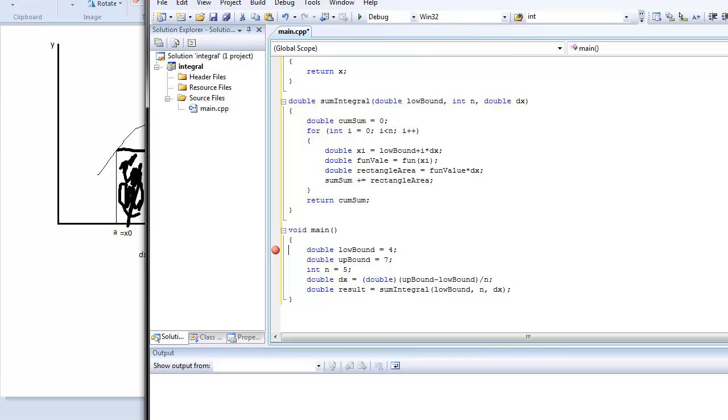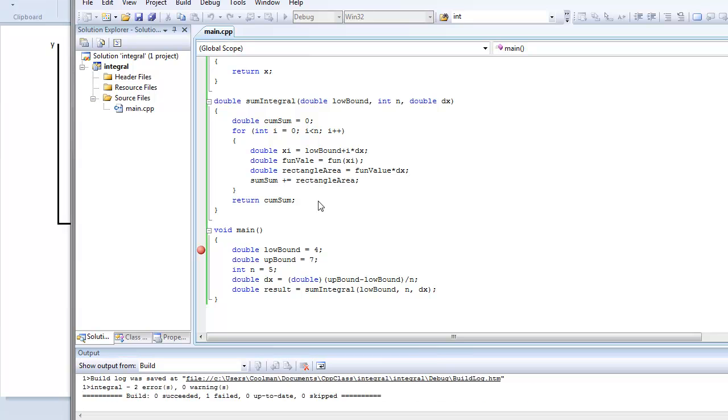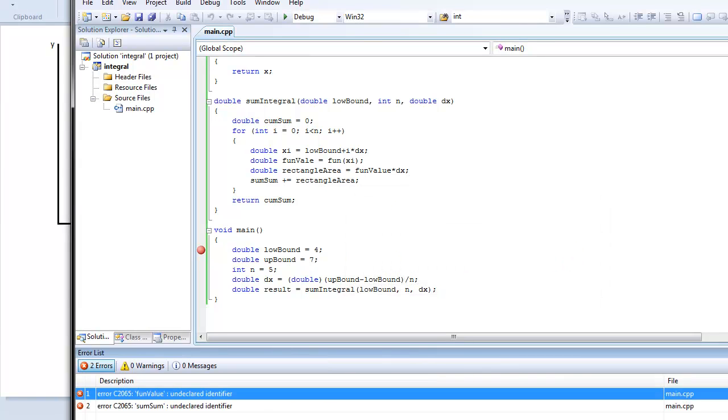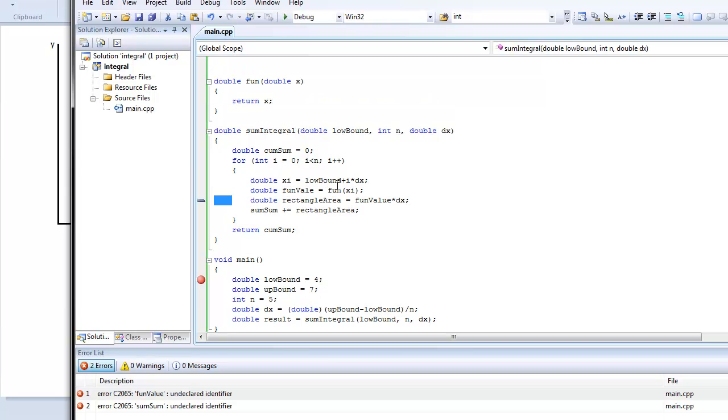I'm sure that there will be errors because it's always like that. Yeah. Undeclared identifier. It's function value, and it's not some sum but sum.